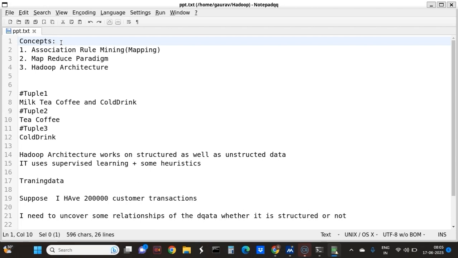So what is a tuple? A tuple is a kind of row or a transaction data that is sent to the Hadoop node. Tuples are separated by some delimiters. If you want, you can write space as a delimiter.